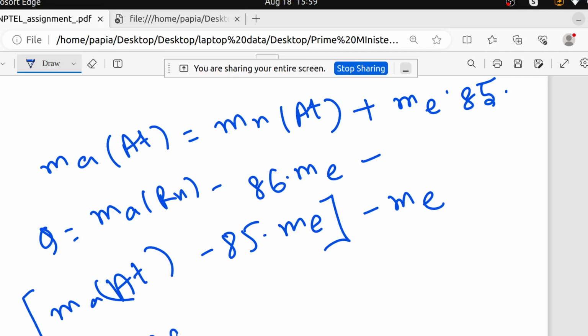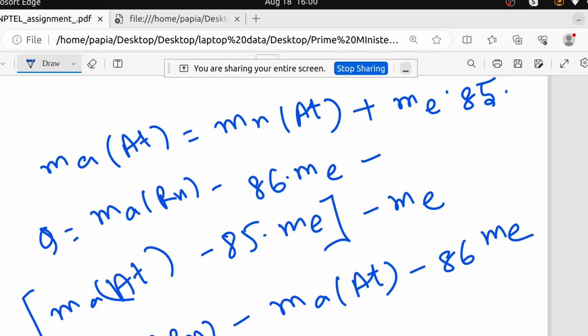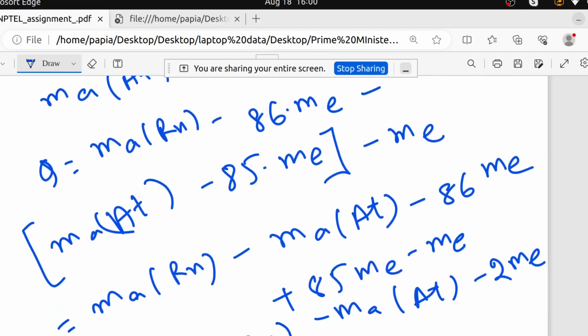So what will be the final expression? Minus Ma of At, I am just going to change sides. Then you can see here minus 86 Me, then minus minus plus 85 Me, again minus Me. So as a whole what will be the result? Minus 86 Me and then 85, that means as a whole minus Me, and again minus Me, that means 2 Me.